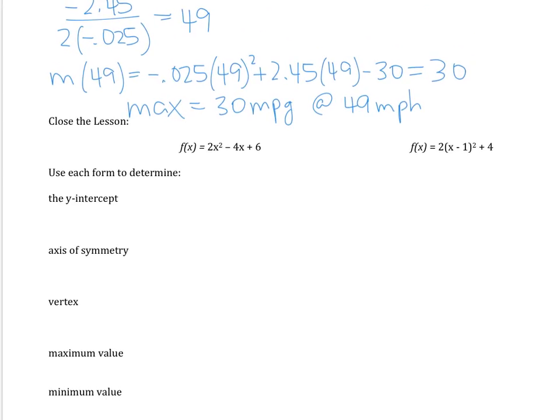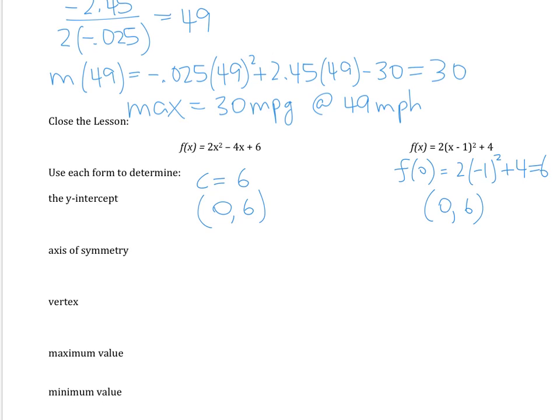Okay, so we're going to close out the lesson. We're going to look at each of these two forms, find the y-intercept. Remember, the y-intercept in standard form is c. So c equals 6, so the y-intercept is 6. On this one, you substitute 0 in for x, and you get 6.